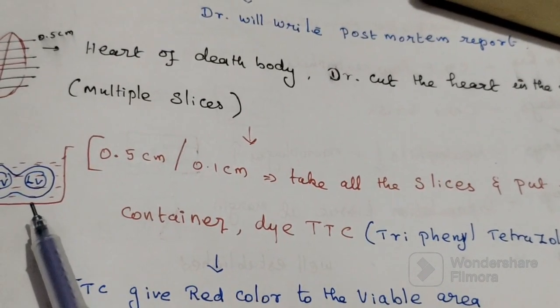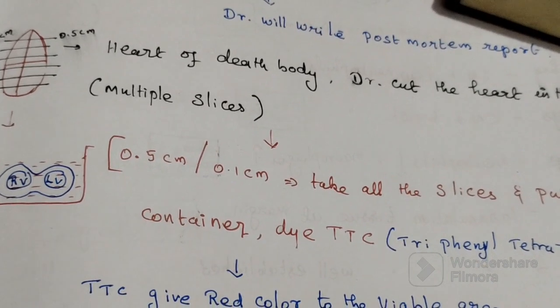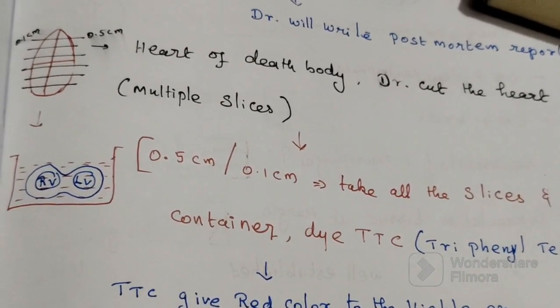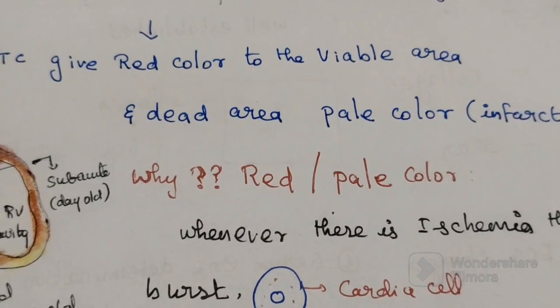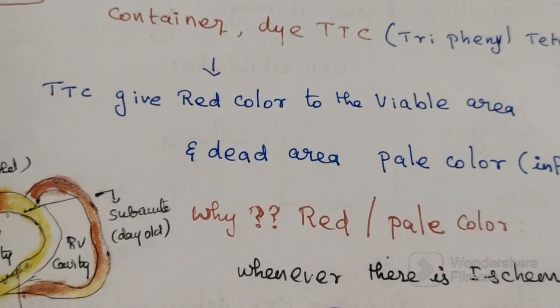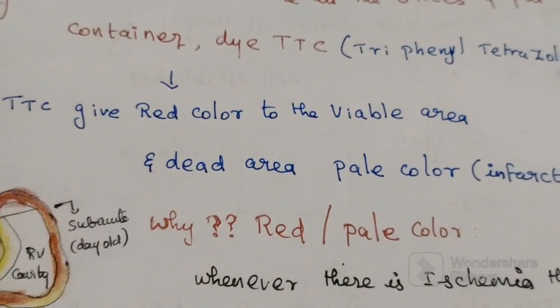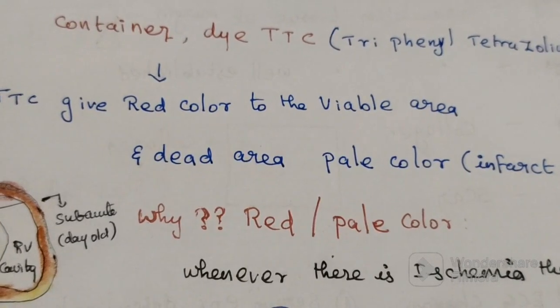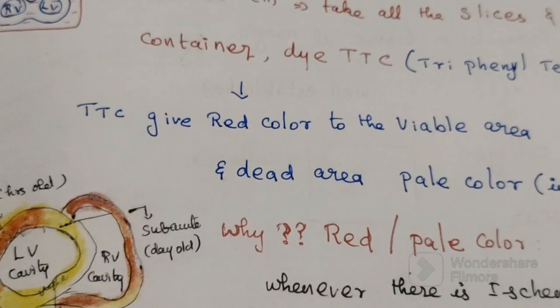Take all slices of the heart and put them in here. TTC gives red color to the viable area. Then TTC gives pale color, pale yellow color, to the dead area.